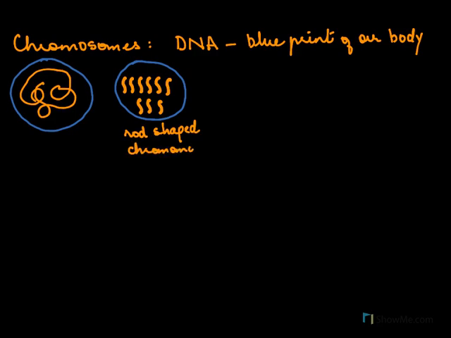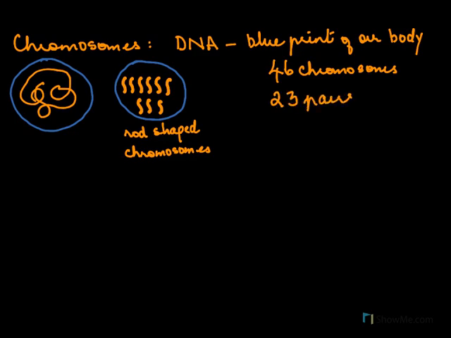So the entire DNA is present in these rod-shaped chromosomes. We also have seen we have 46 chromosomes. Humans have 46 chromosomes. So how many pairs? We have 23 pairs. Now out of these 23 pairs, there are two types.